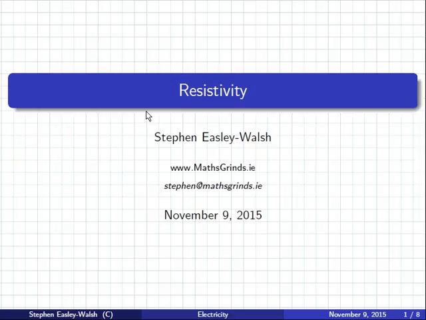Okay. Write this down, please. Resistivity. Have you got that? Still having pizza for dinner? No pizza? Pizza for breakfast. Good.